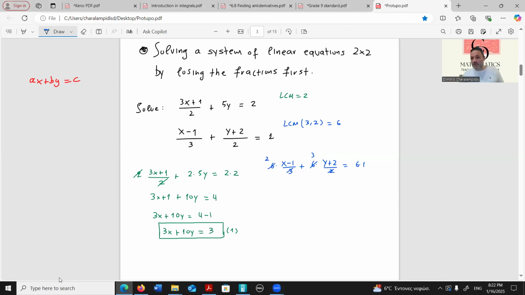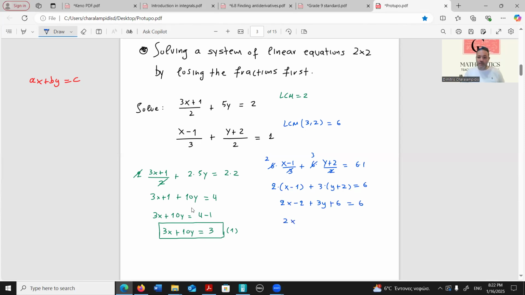Now, be extra careful here. It's not just 2 multiplied by x. It's 2 multiplied by the entire numerator. So we should carefully create brackets. 2 times (x minus 1) plus 3 times (y plus 2) is 6. Distributive property now: 2x minus 2 plus 3y plus 6 is 6.